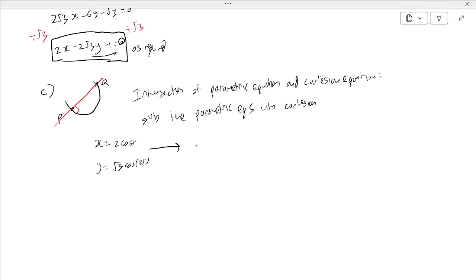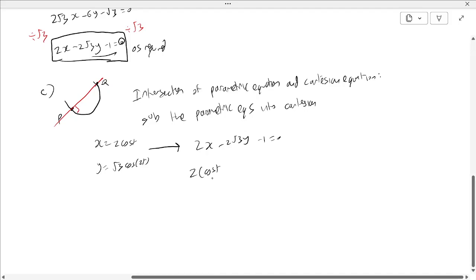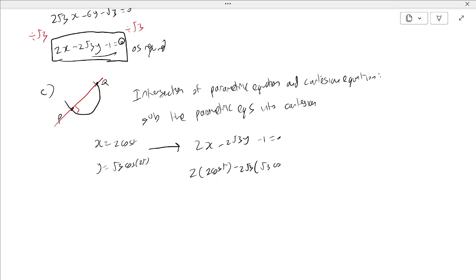Our Cartesian equation was our line 2x, take away 2 root 3 y, take away 1 equals 0. So x is equal to 2 cos t, so 2 times 2 cos t, take away 2 root 3 times y, which is root 3 cos 2t, take away 1 equals 0.